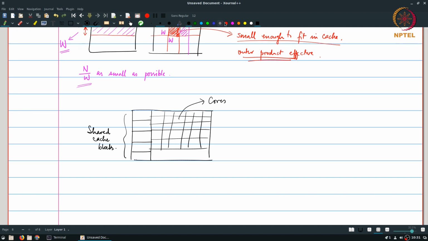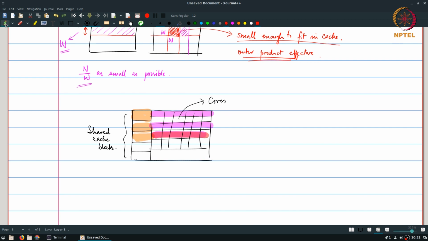What this effectively means is that some number of cores over here will match up with some amount of cache memory over here. And similarly, we would have another set of cores matching up with another amount of cache, cores and cache and so on, right?